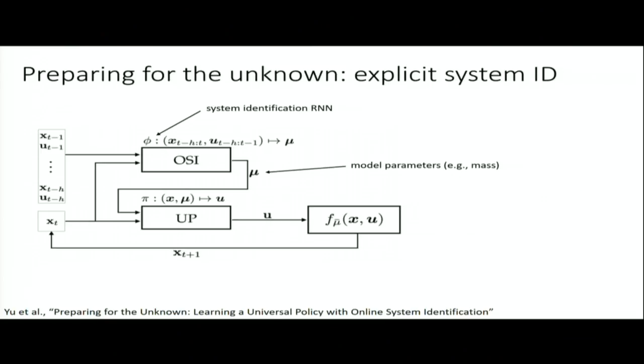And they're training a policy pi that chooses actions based on the state x, but also based on mu. So the policy is actually told, you are now controlling a robot with a mass of 67 kilograms. Take your action. And then they train a separate network called phi, which is actually a recurrent neural network. It actually takes in a history of past states and actions and attempts to predict mu.